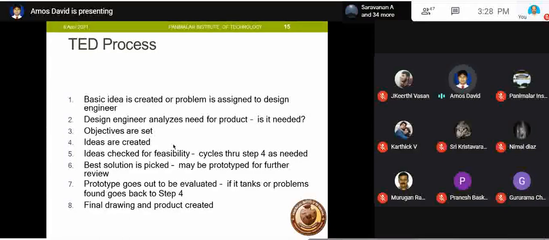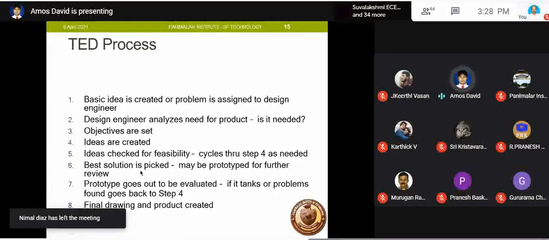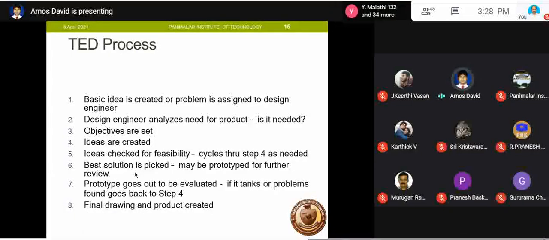So the best solution is picked, maybe a prototype for further review. All right, there should always be a review happening, because if there's any kind of issue, during the review you'll come to know about it. I'm talking about the sixth one here, the sixth process. So during the review, if there are any changes to be made, it has to be told to the draftsman again, and right from the sketch, the thing has to be sorted out, so that the best solution is picked up.